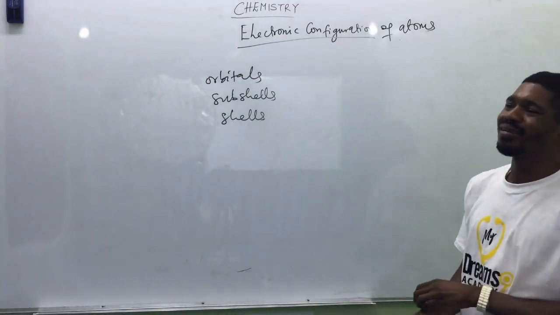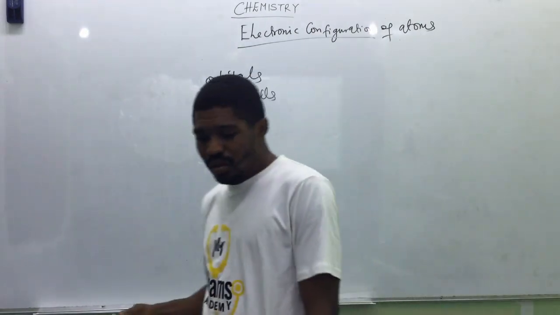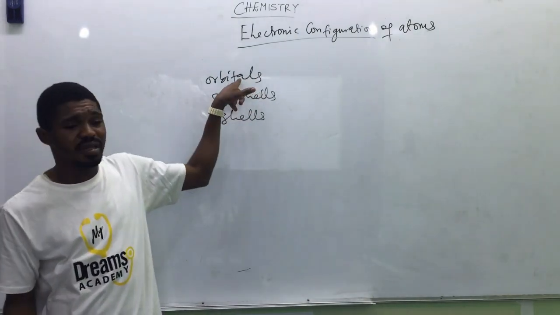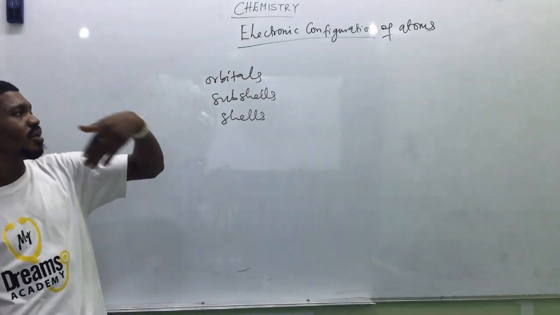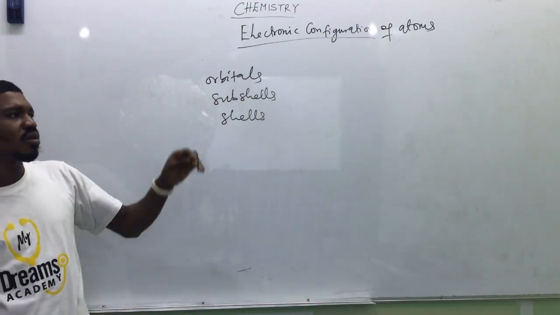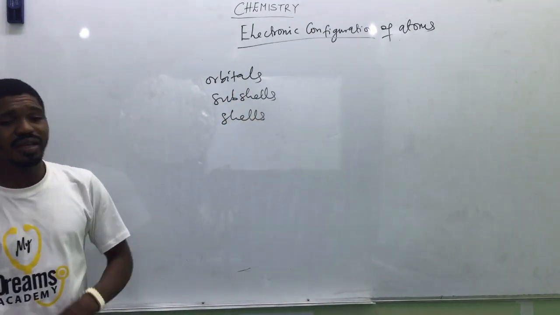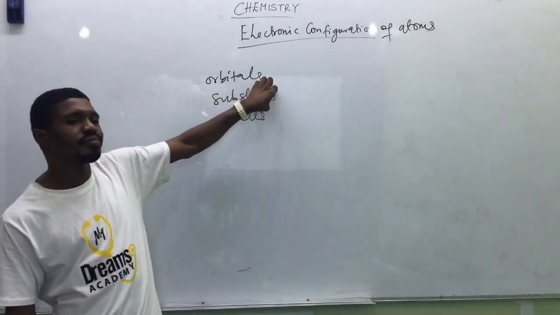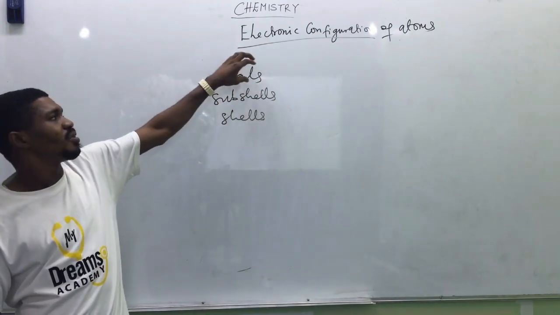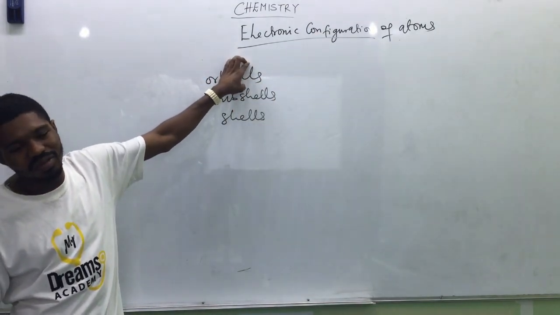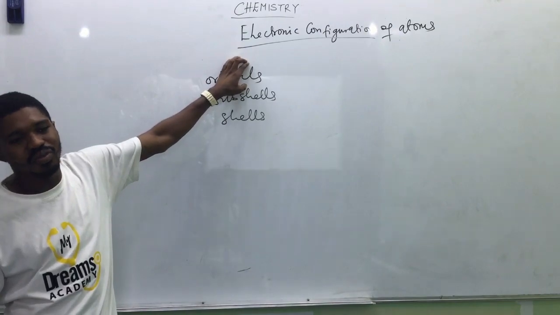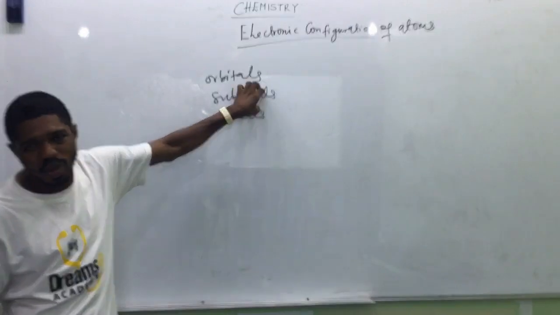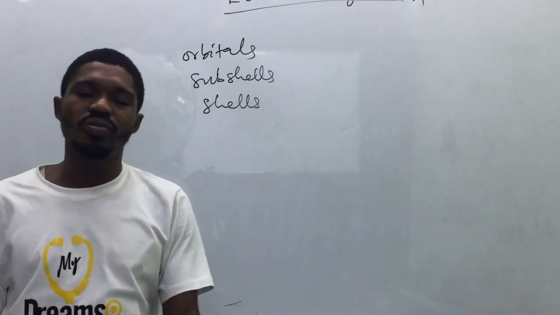They are related, but they are not the same. You can write electronic configuration by distributing electrons in orbitals, in subshells, or in shells. All are acceptable, but the most convenient is distributing electrons in subshells. Distributing in orbitals is cumbersome and very boring, so we normally use subshells.